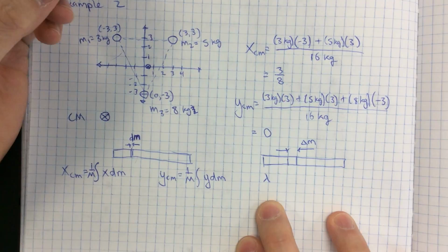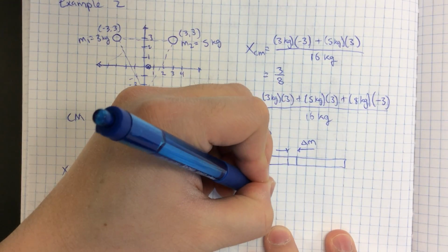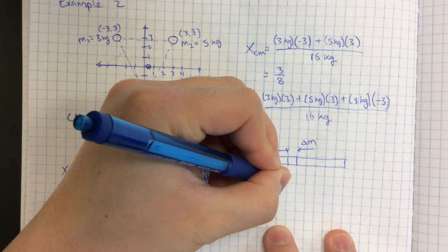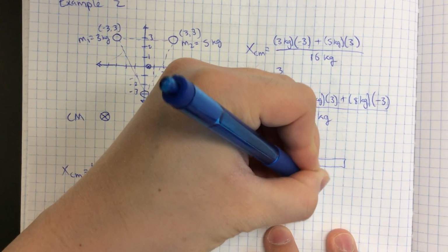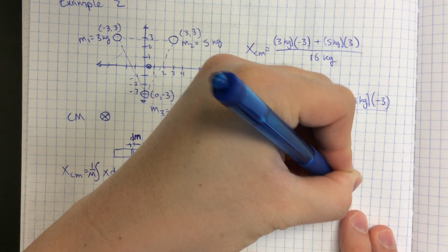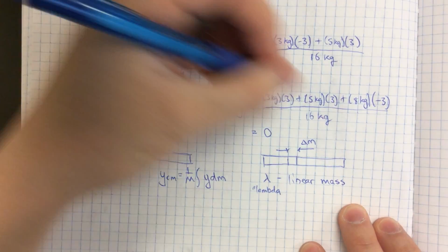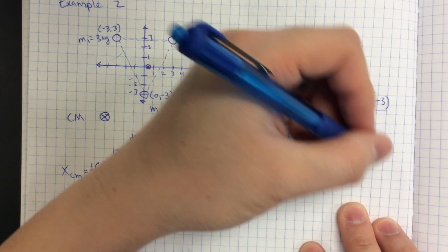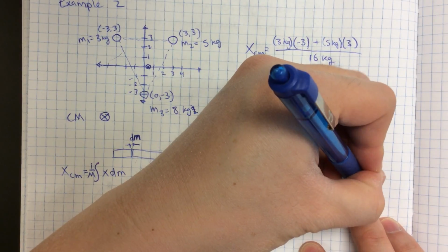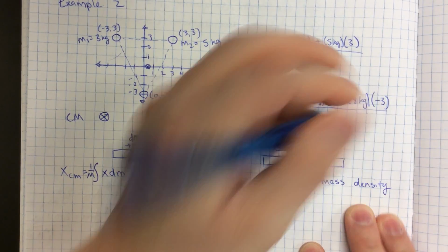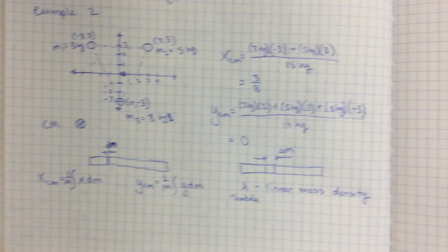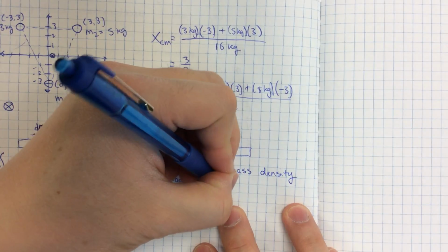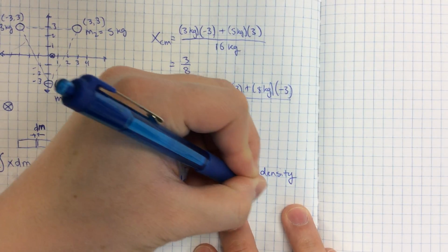Oftentimes, lambda, pronounced lambda, is the linear mass density. What does that mean? It means how many kilograms you have per meter of space.